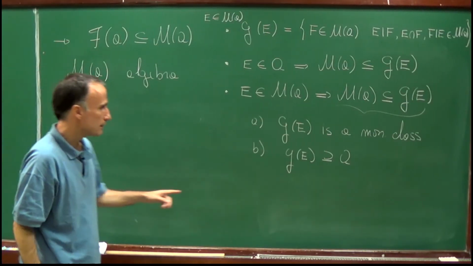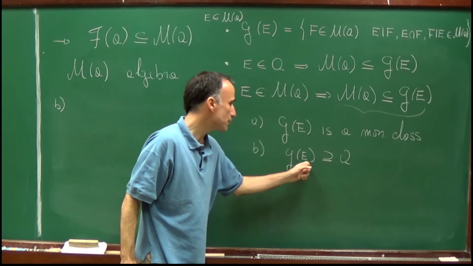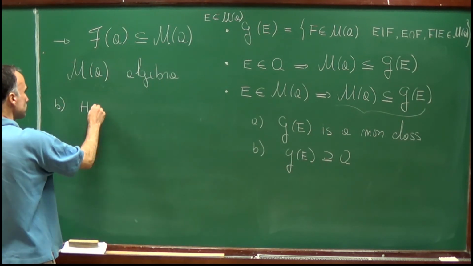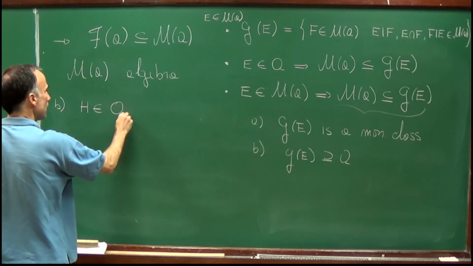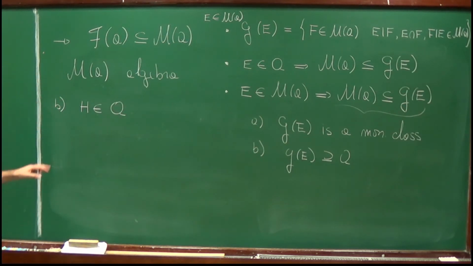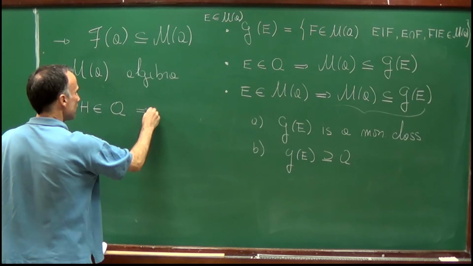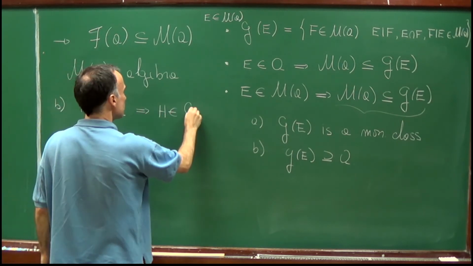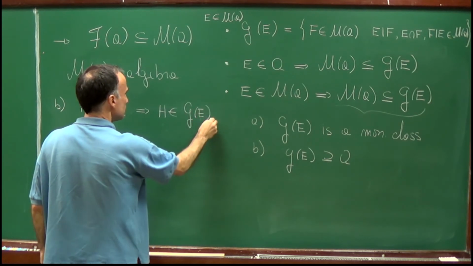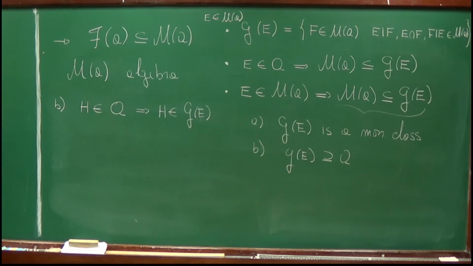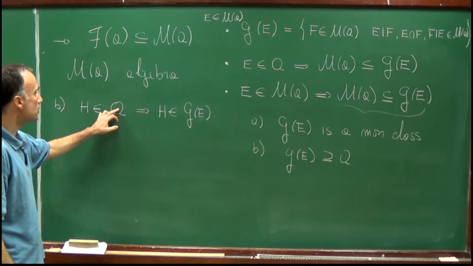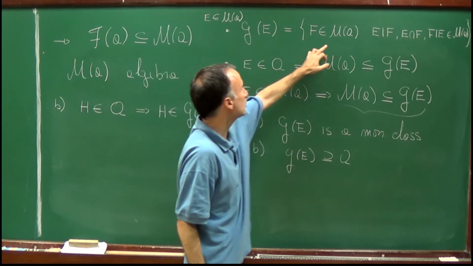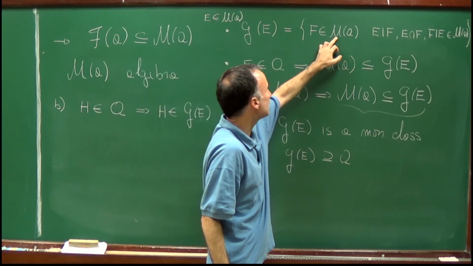So I want to show that any element of the algebra is contained in G of E. So let's take H in the algebra, and we want to show that H is contained in G of E. Well, since H is an element of the algebra, it's also an element of the monotone class.